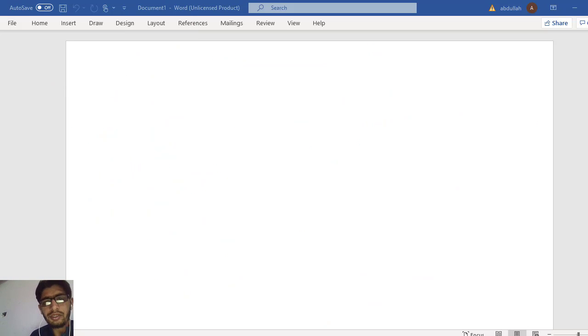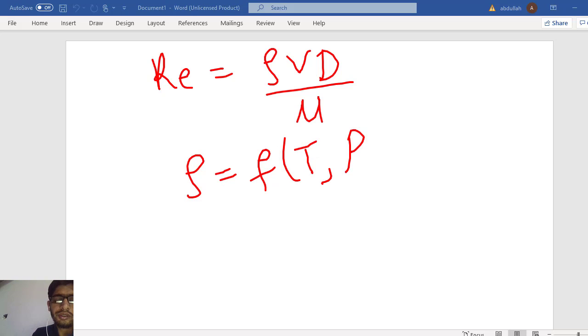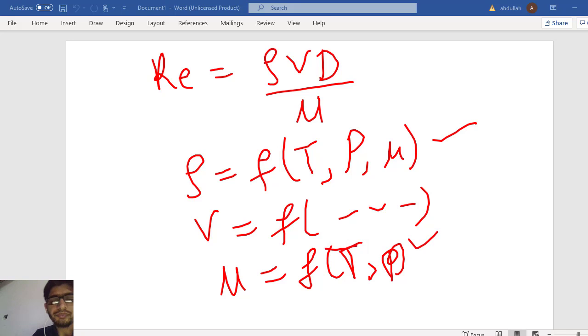Now the Reynolds number depends on the density, velocity, diameter and viscosity of the fluid. Now the density is a function of temperature, pressure and other parameters. Similarly, velocity is also a function of temperature and other parameters. Similarly, the viscosity is also a function of temperature, and of pressure for gases.